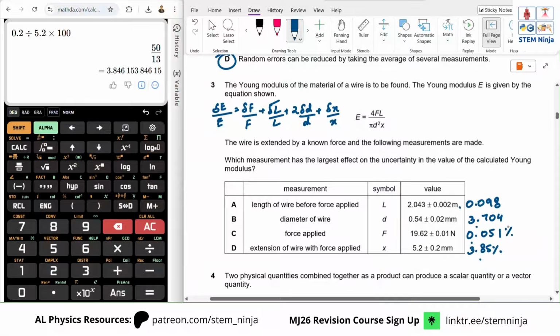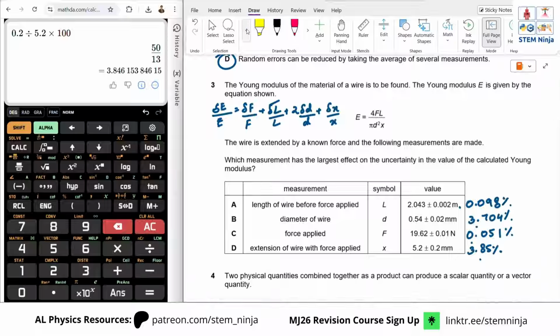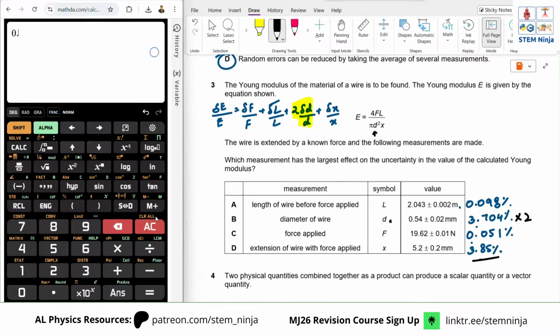3.85%. These are all percent. Now, remember D, this component is double because of the square over here. So the diameter and x, although x has a higher percentage, but once you double this, we could have done this in the start, in fact.